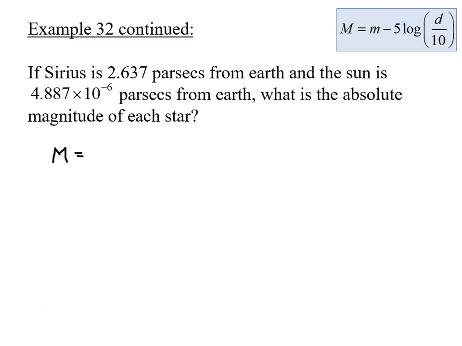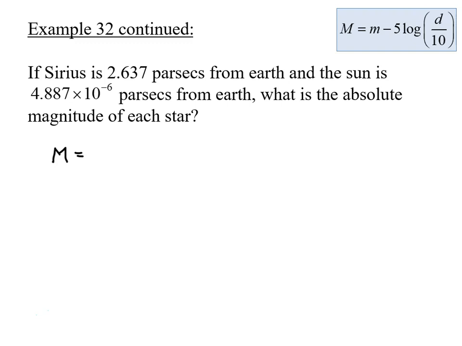If Sirius is 2.637 parsecs from Earth and the sun is 4.887 times 10 to the negative 6 parsecs from Earth, what's the absolute magnitude of each star? So remember, we had the apparent magnitude and the absolute magnitude. So here's the formula that we had, but we also have to go back and get the numbers from the prior slide, and we'll get those filled in.